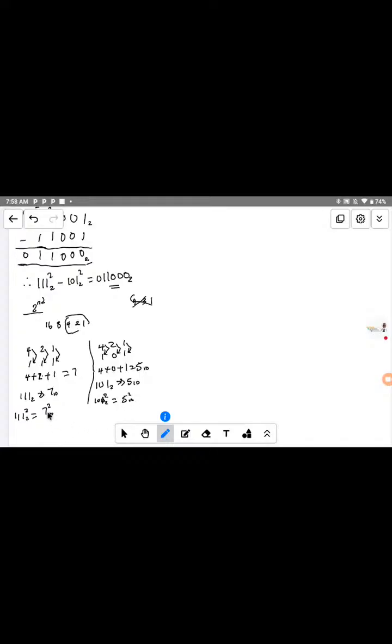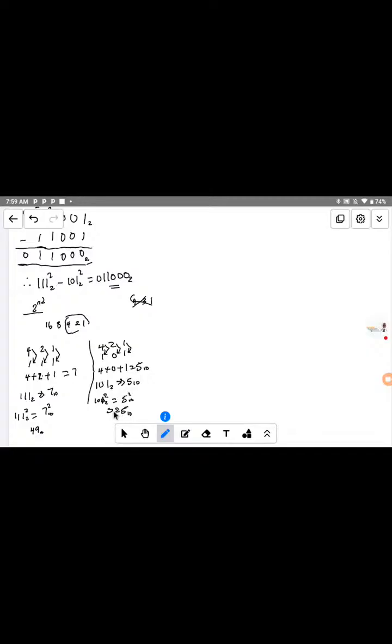Now 7 squared means 7 times 7, which is 49 in base 10. And 5 times 5 is 25 in base 10. I hope you are getting it now.